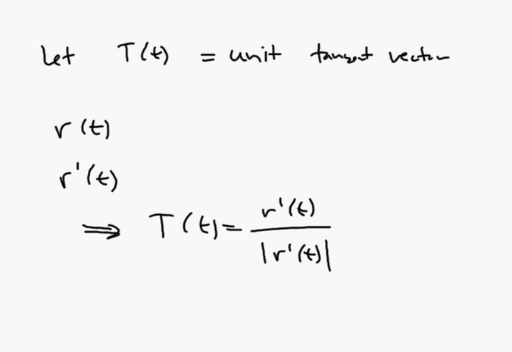All right. So now we're almost ready to define the idea of curvature. Let me just tell a little bit of a story. Let's pretend we were going to drive along two different roads: a road that looked like this and another road that looked like this. If you think about it, when we start off on this road at some value of t, we're heading in a particular direction at a particular rate at that time.